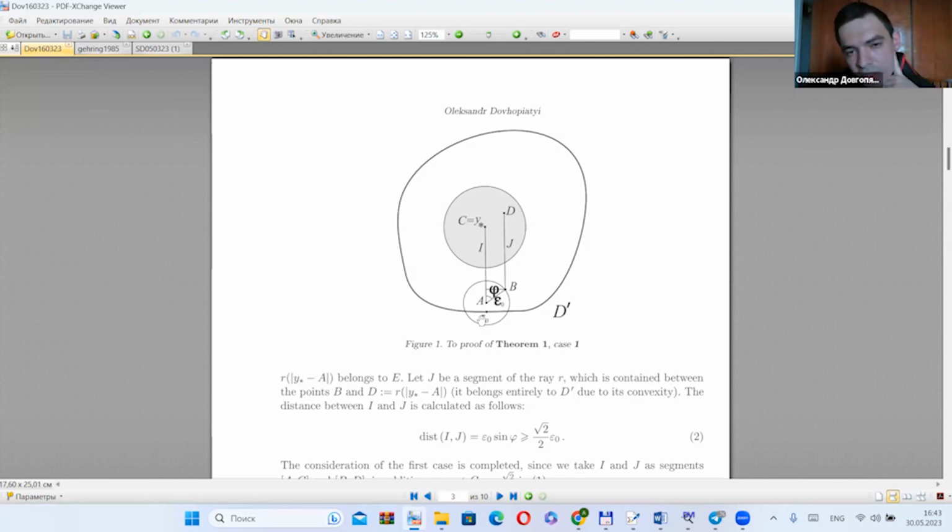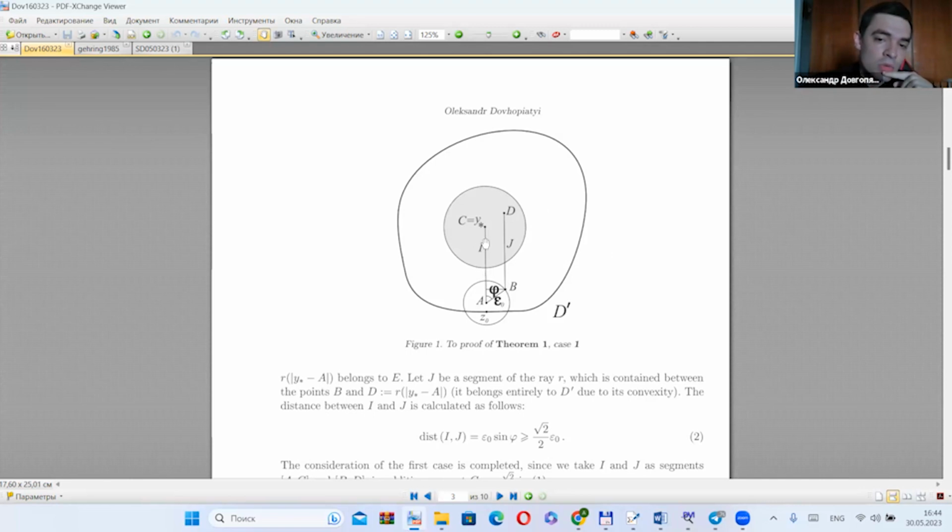We want to prove that we can always find points C and D from the closure of this ball such that the distance between segments AC and BD is greater than or equal to the distance between points A and B multiplied by some constant, which depends on the diameter of this domain and the distance from this point to the boundary.